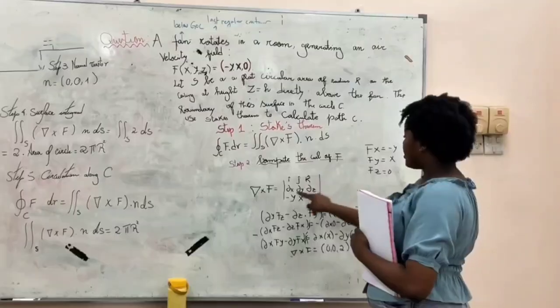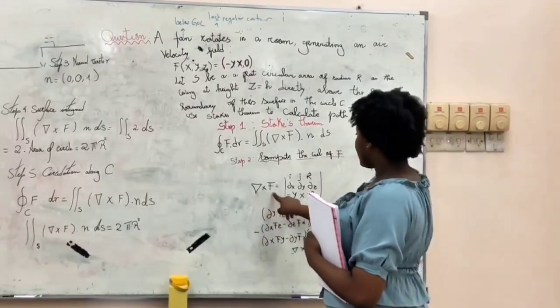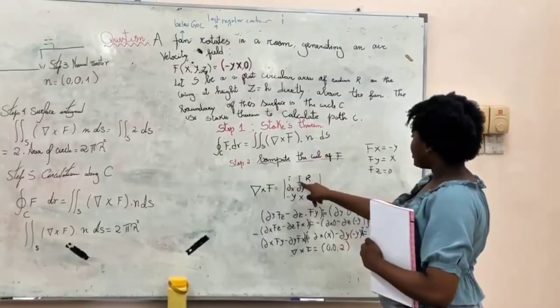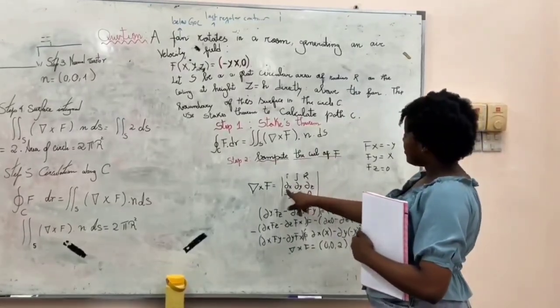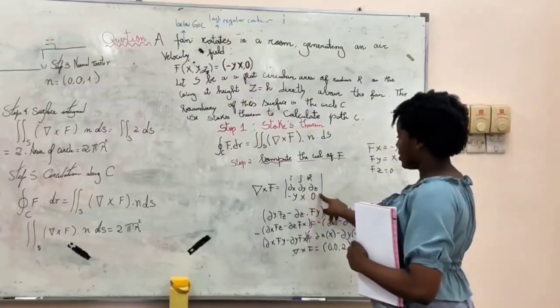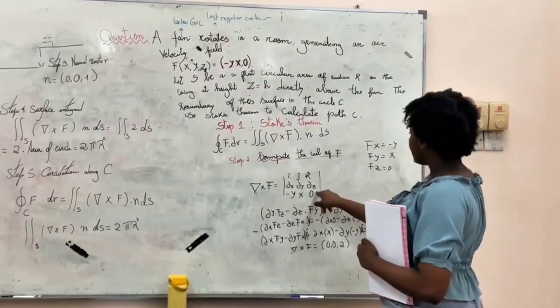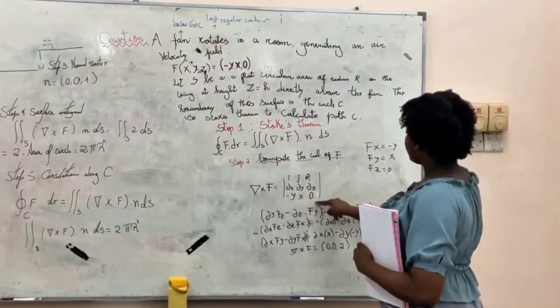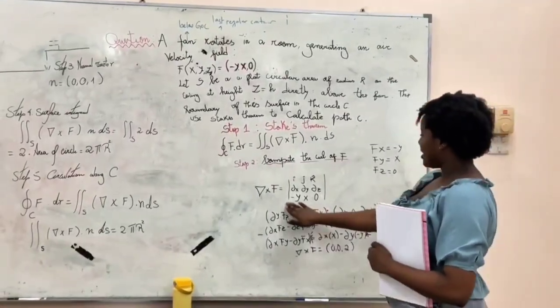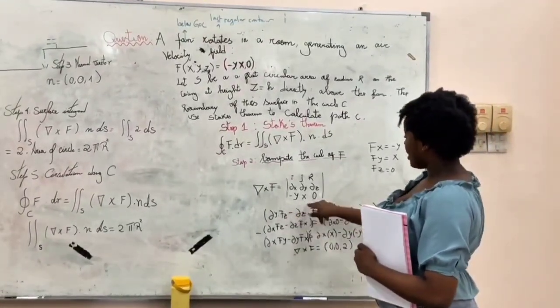We know that del cross F is the determinant with the components i, j, and k, then the partial derivatives with respect to x, y, and z, and then the x, y, and z components of F. Here we have minus y, x, and 0.